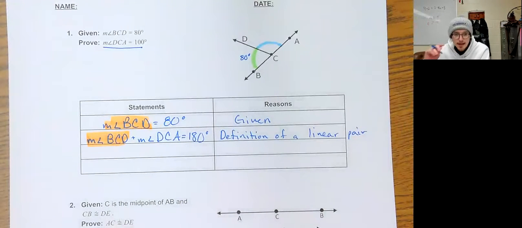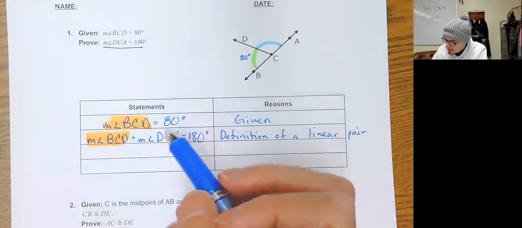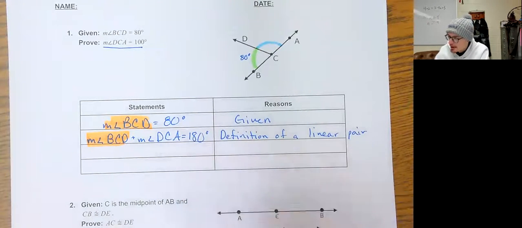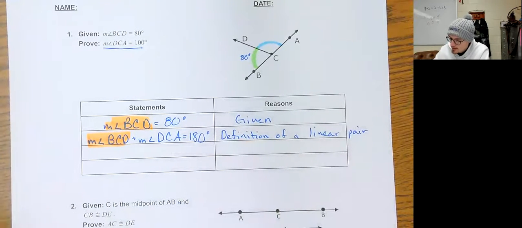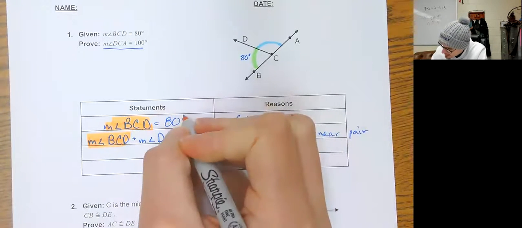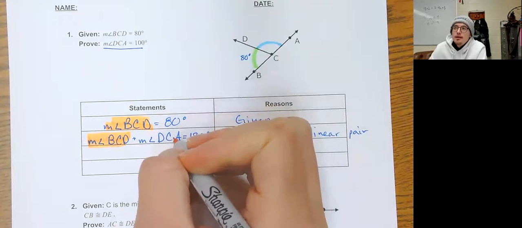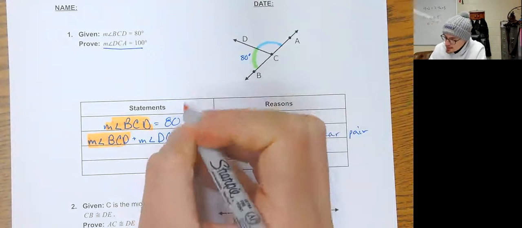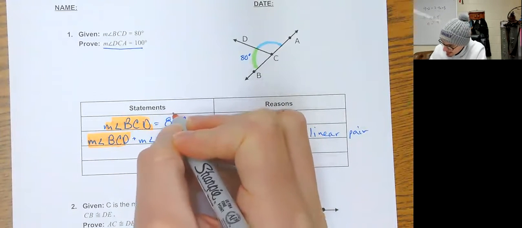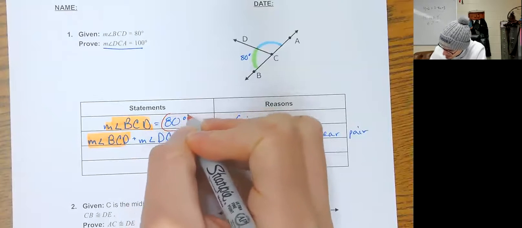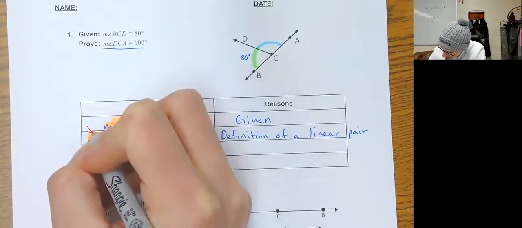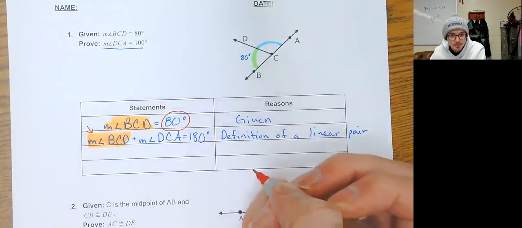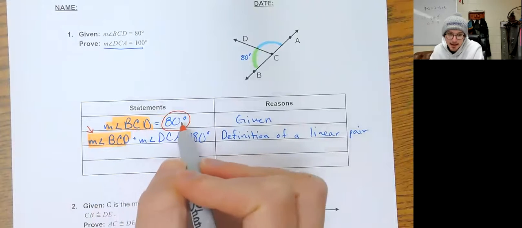So is it okay for me to take this 80 degrees and substitute it in right there? I mean, measure of angle BCD is 80 degrees.